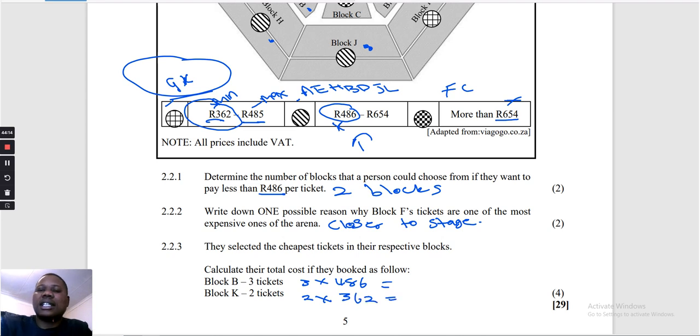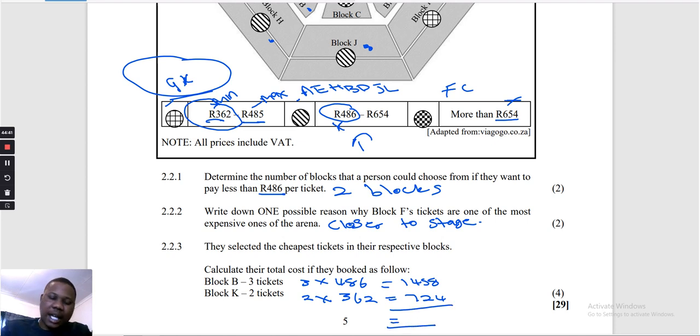Let's see now. 3 multiplied by 486 gives us 1,458. Okay, and then this one, 2 multiplied by 362, 724. Then let's add this together.